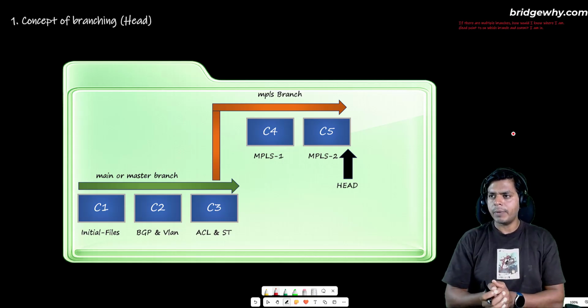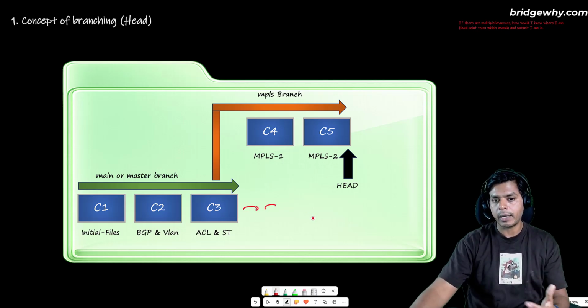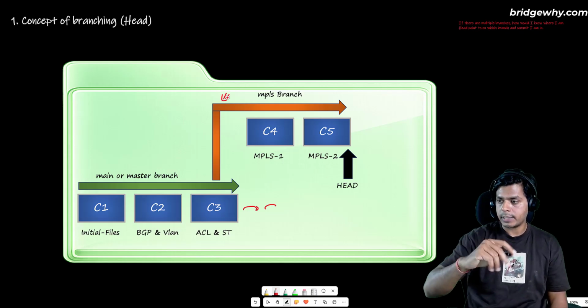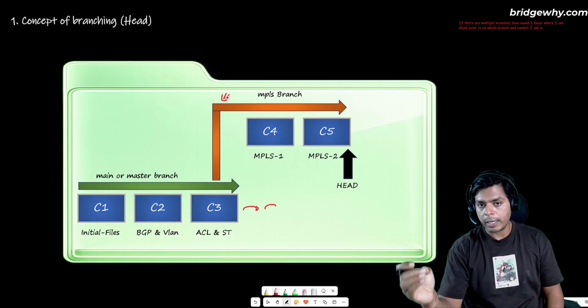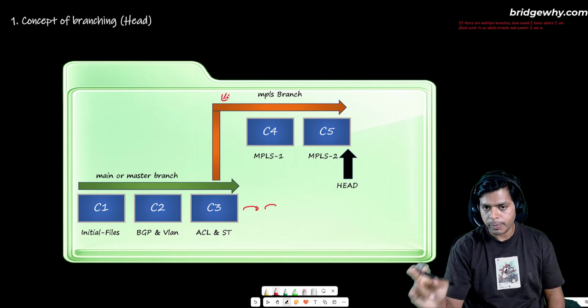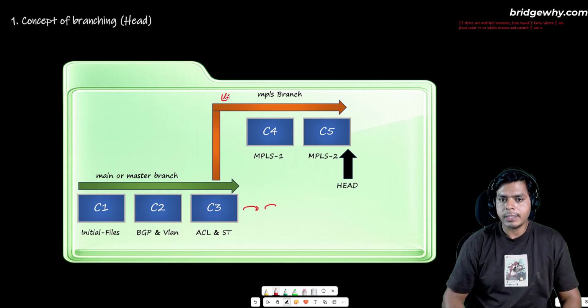But if we have a bit of work which cannot be completed in one or two commits, and if I do not want to create the commits here so that it creates unnecessary confusion about what represents the current state of my network, then I can definitely create a branch. The other use case, as mentioned by Sangeeta ji, comes when we talk about collaboration. Definitely, we will be talking about it in tomorrow's class. So I think branches are making sense right now, right?